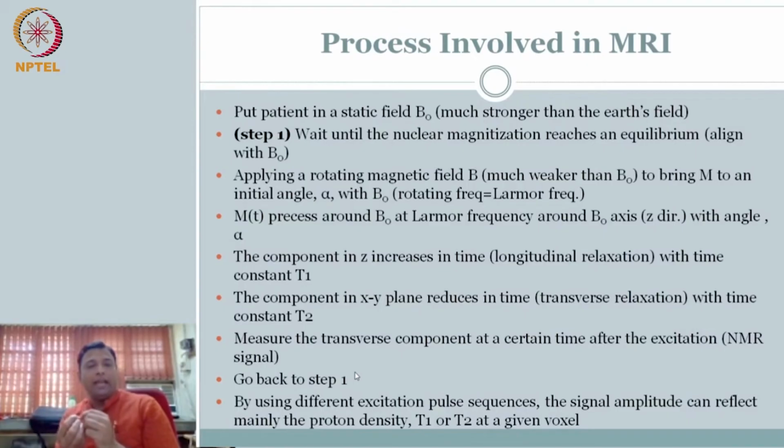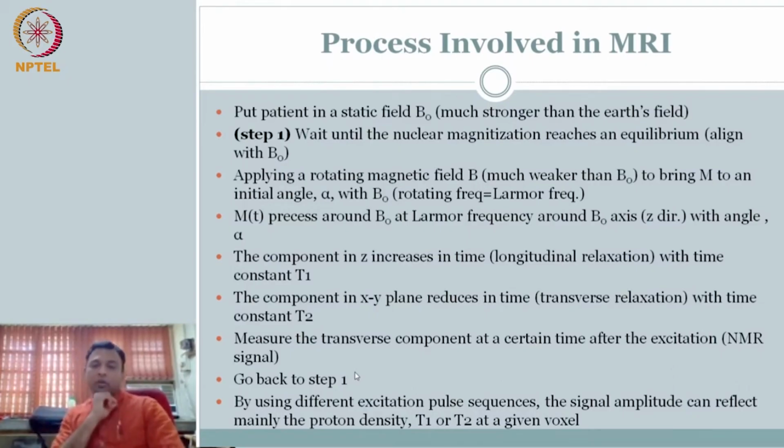So it will start to relax in the XY plane, and also in the Z direction, it will start to align, get back to its equilibrium value, right? So there will be an increase in the Z direction so that it gets to the maximum possible equilibrium value. In the XY direction, the signal relaxes to 0. The time constants involved, we refer to as T1 and T2. We'll talk about this again to understand it further.